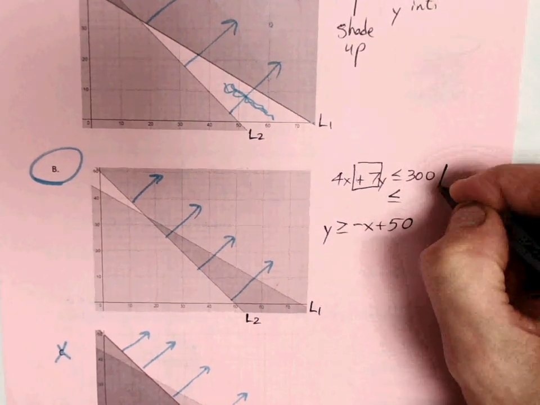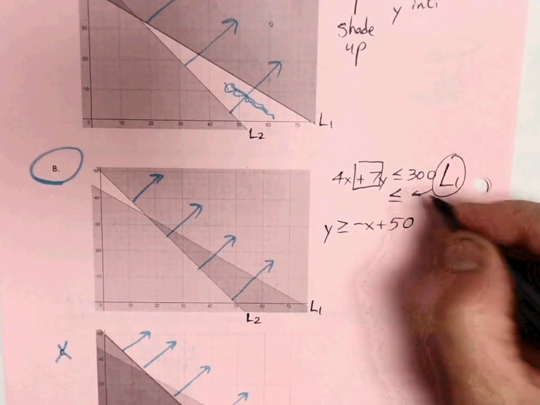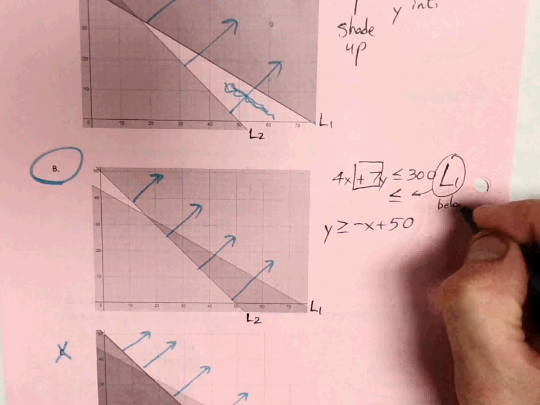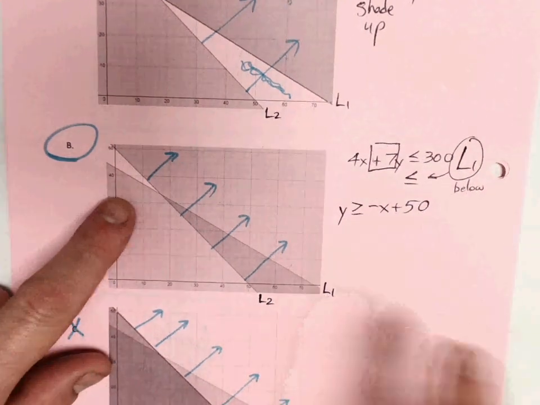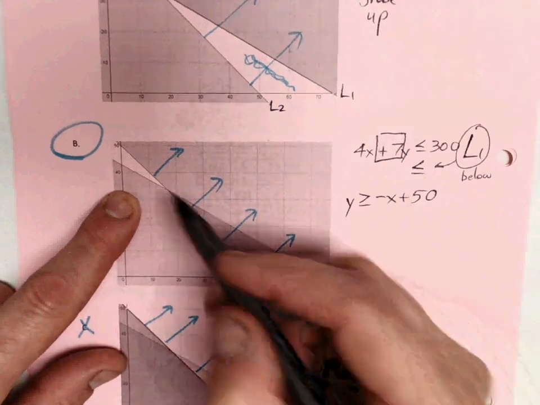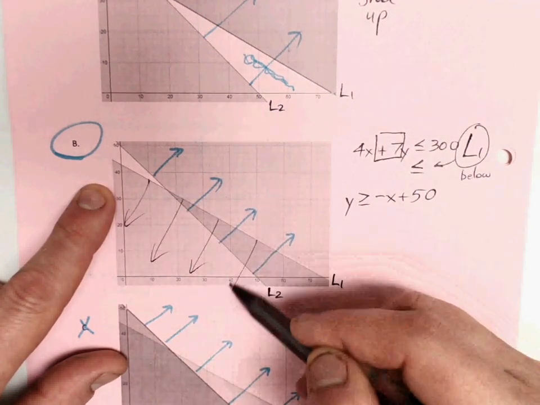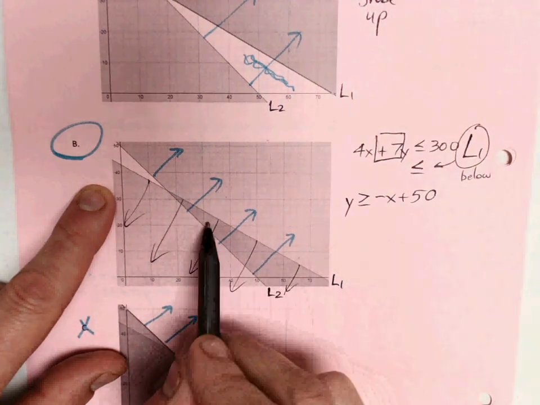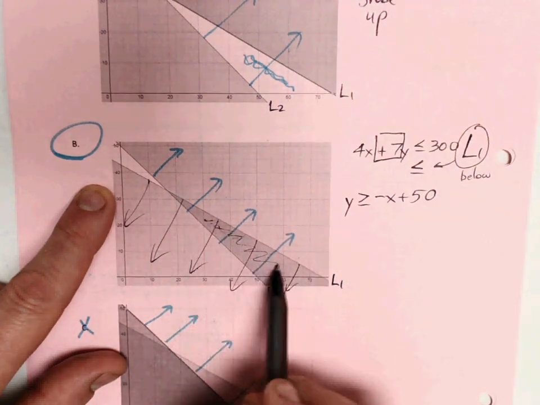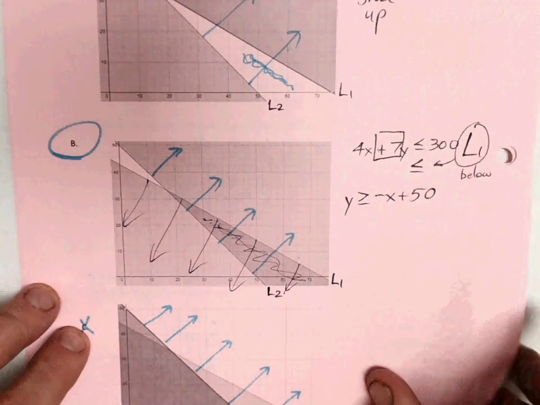So my first line, L1, is still going to be shading below. And let's go over here and verify. Are we shading below L1 in B? Yes, yes, yes, yes, yes. And the overlap is this little sliver going down to the right. That's why the answer is B.